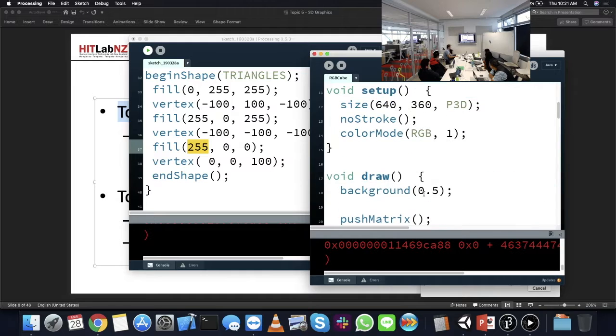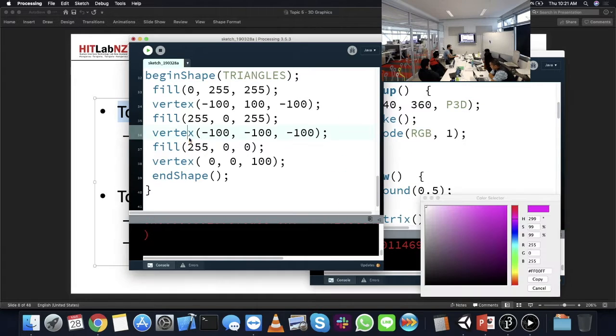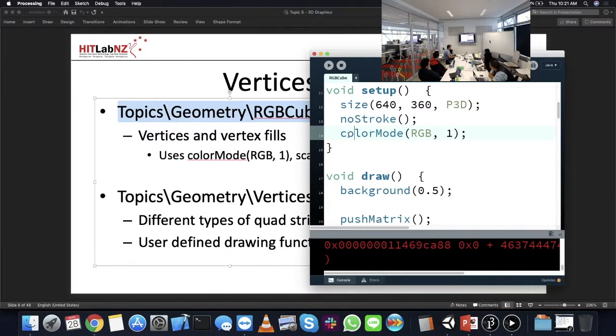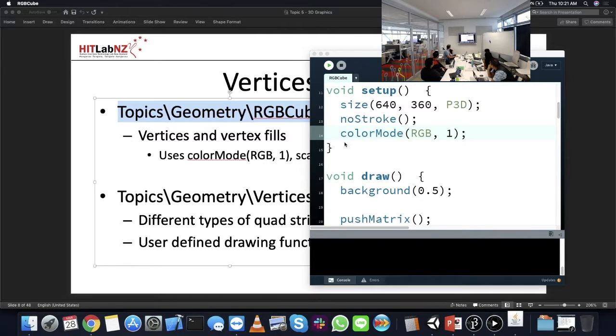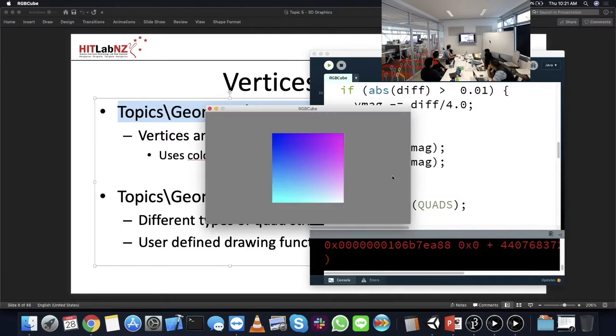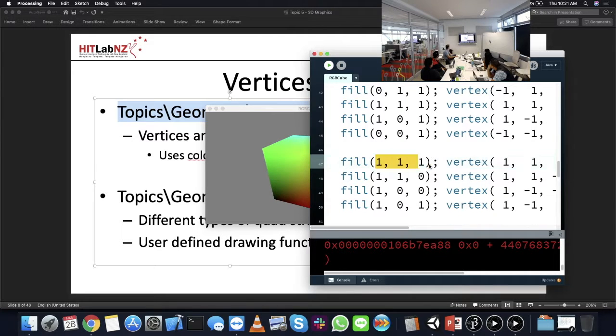The only thing to be aware of in this, and how it differs from what we've just done, is that they use this color mode RGB 1, which basically says instead of RGB values going between 0 and 255, they should go between 0 and 1. So when we run this, if we look at these fill values, you'll see they're all 1, 1, 1, 1, 1, 0, 1, 0, 0, rather than 255.